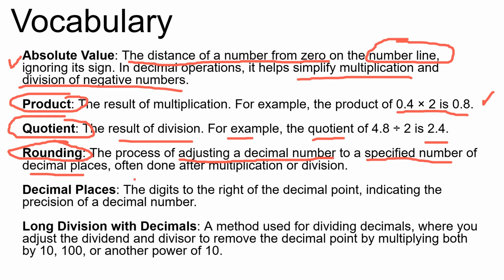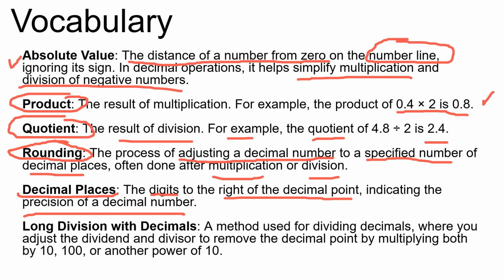It's often done after you have done division and multiplication. And then decimal places, we already encountered this in our introduction. This means the digits to the right of your decimal point, indicating the precision of a decimal number.